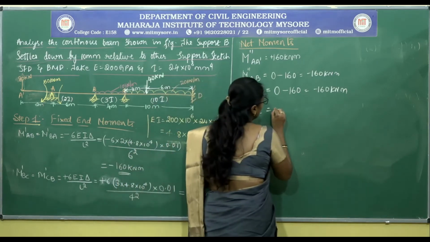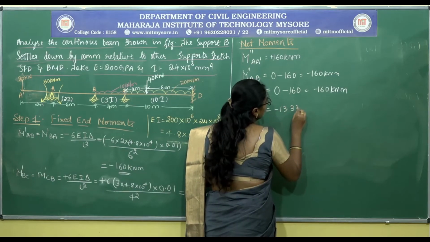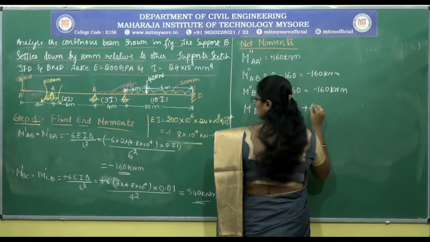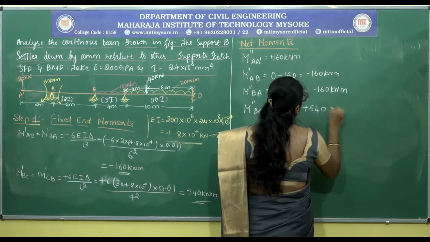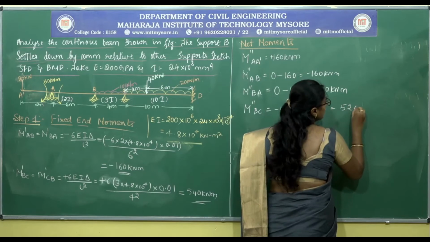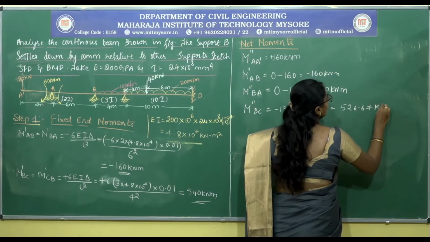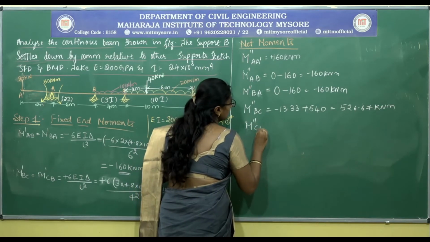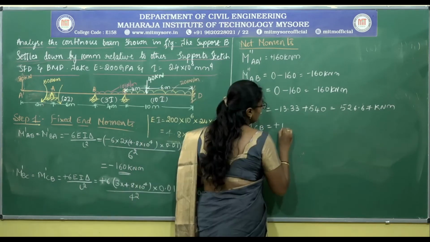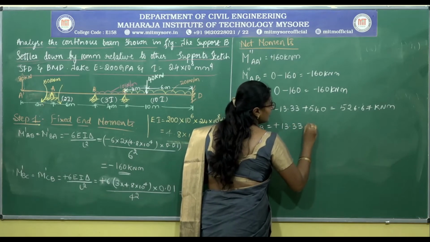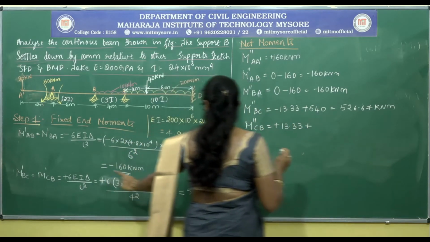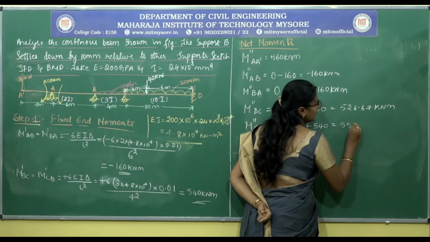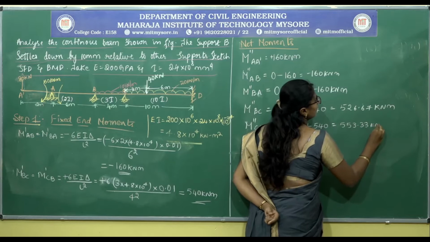It is minus 13.33 and M dash BC is plus 540, which will give you 526.67 kilonewton meter. Then M double dash CB equal to plus 13.33. Again M dash CB is 540, plus 540, 553.33 kilonewton meter.